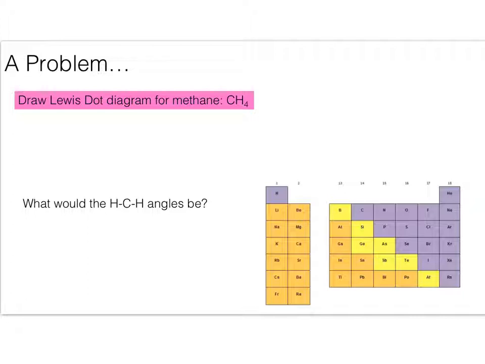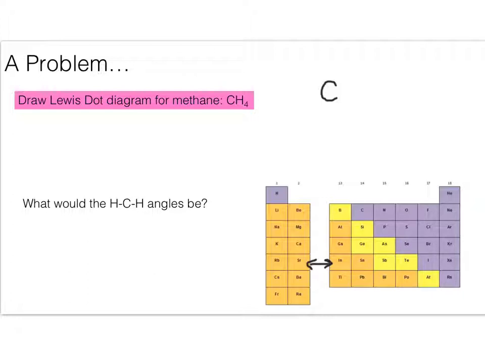Methane is CH4. If we look at carbon right here, this is an abbreviated periodic table. You can see we've left out the transition metals, because we're just interested now in non-metal bonding, so we're going to be focusing mostly on these purplish structures.